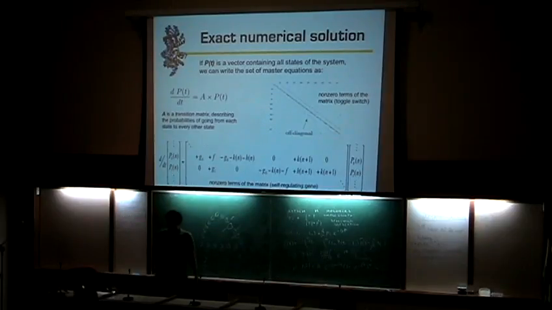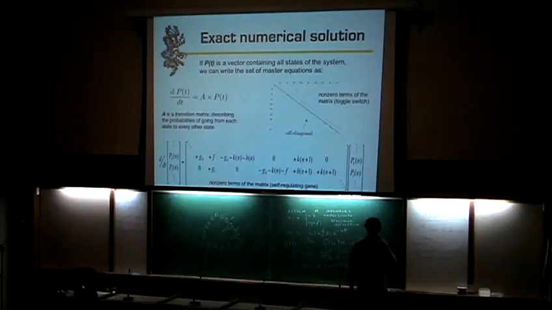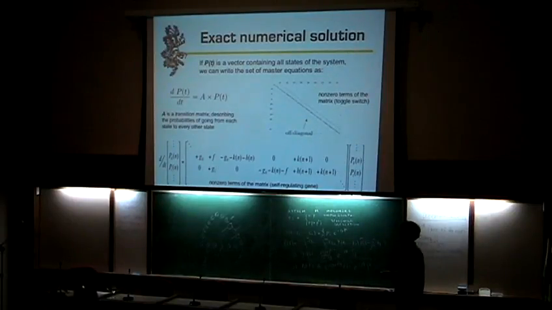Okay, so now these are the numerically exact solutions that we can get. If we get all those sets of master equations and put them in a matrix form, okay? So now this P of t over here is a vector that contains all the probabilities of all the states, right?